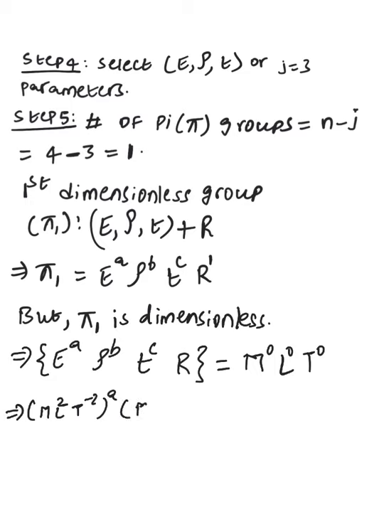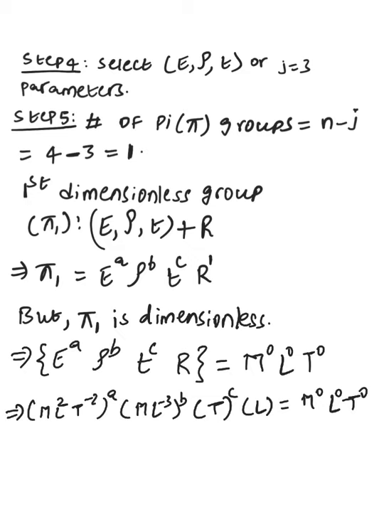Rho is (M L^-3)^b, and t is T^c, whereas r is radius, which is length. This is equal to our right hand side, which is a dimensionless product, M^0 L^0 T^0.